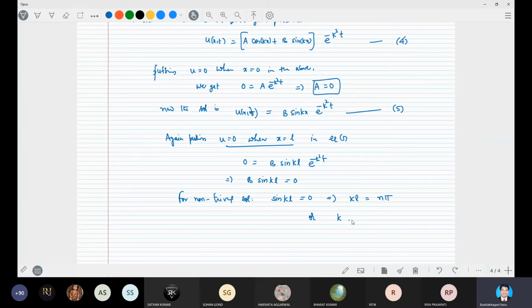So that constant can be determined from here: k is equal to n pi by L. What is n? n is any integer, 1, 2, 3, 4, and so on, right?